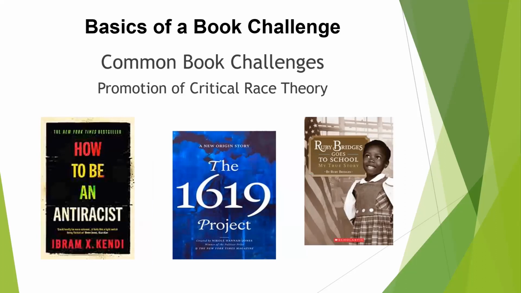Titles such as How to Be an Anti-Racist and the 1619 Project are getting challenged a lot in libraries, and actually banned in Texas and Florida. Ruby Bridges Goes to School is another one that is frequently targeted for challenges as a promotion of critical race theory.